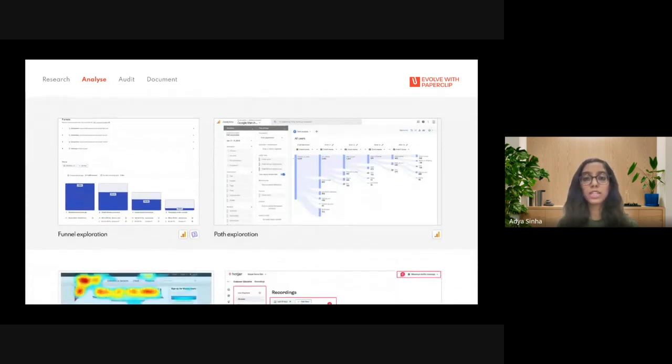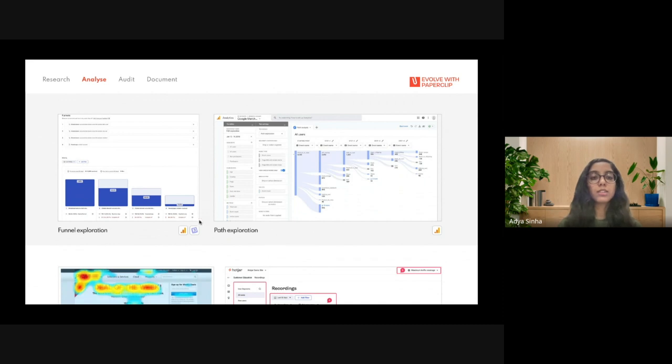Now, moving on to certain important sections. One is funnel exploration, which helps us understand user behavior in the user journey at different stages. For example, if we talk about e-commerce, buying something from the e-commerce platform, a funnel exploration can help us understand the conversion rates and drop-off rates at each stage of the user journey, be it searching for a product, clicking on the product page, adding it to the cart, or checkout.